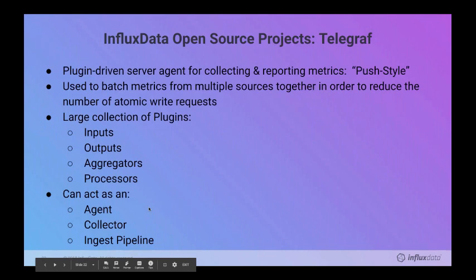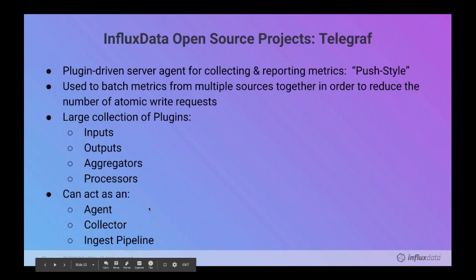So you can use Telegraf as an input plugin, as an output plugin, as an aggregator, and as a processor. You can take data from a variety of different sources, ingest sources like just your host system, and you can look at stats like your CPU and I/O and network.